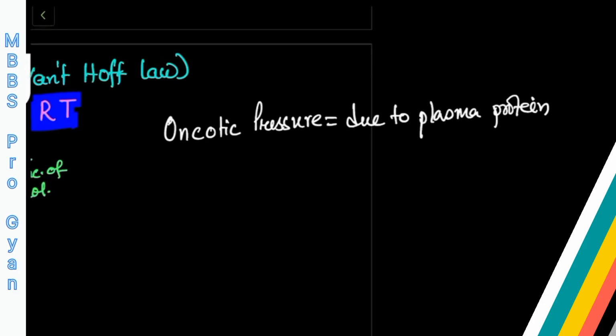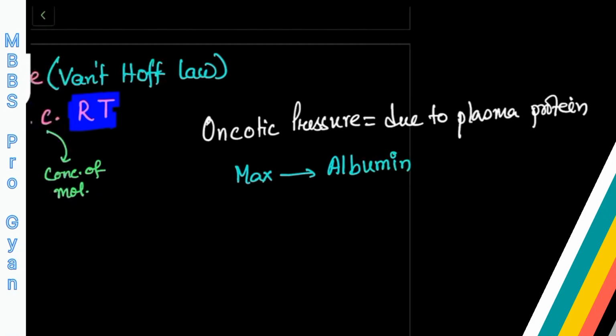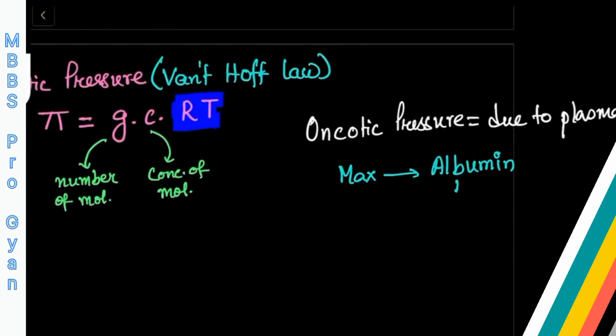If I ask you which protein exerts maximum oncotic pressure, your answer will be albumin. What is the reason? Because the molecular weight of albumin is very small. If I give you 1 gram of albumin and 1 gram of globulin, in which one will there be more molecules? Obviously albumin, because the molecular weight is smaller.